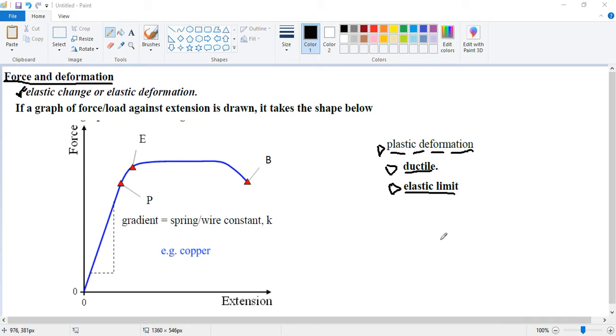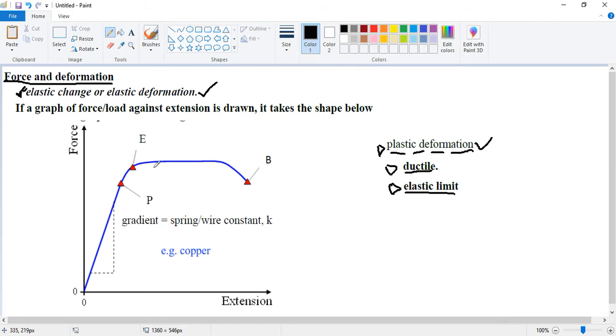But if you remove the deforming force and the material goes back to its original length, then you conclude that the material has been elastically deformed, or has experienced an elastic deformation. If the material does not go back to its original length even when the deforming force is removed, then we say that the material has been plastically deformed. So I want you to note the difference between elastic deformation and plastic deformation.